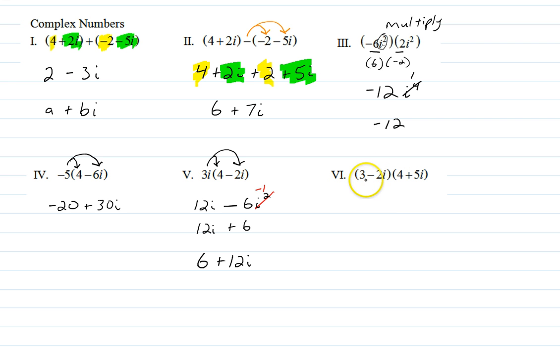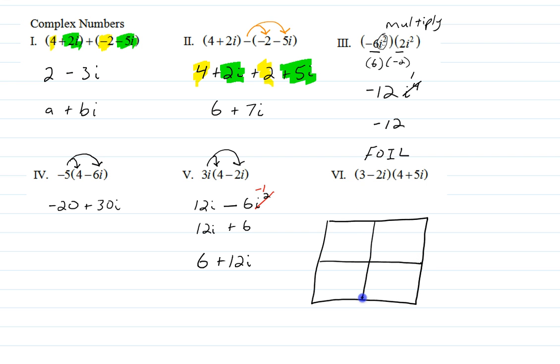Alright, the next one, we have a binomial times a binomial. So you could FOIL this. I'm going to do the box method just to review that. So let's do 3 minus 2i on top, 4 plus 5i on the left side. Now just multiply. So 3 times 4 gives us 12. 4 times negative 2 gives us negative 8i. 3 times 5i gives us positive 15i.